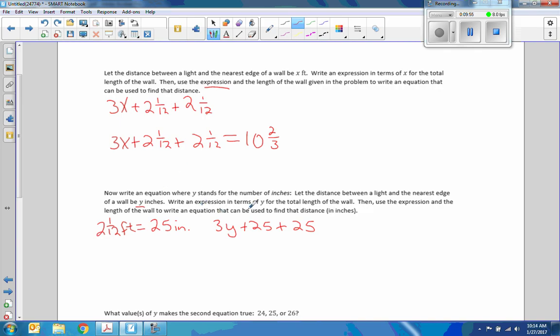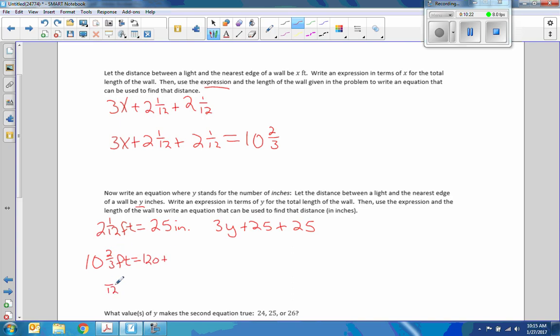Then it says, write an expression, done. Then use the expression and the length of the wall to write an equation. So now I've got to figure out what 10 and 2/3 feet equals in inches. Okay, and that is going to be 12 times 10, 120, plus 2/3 of a foot.